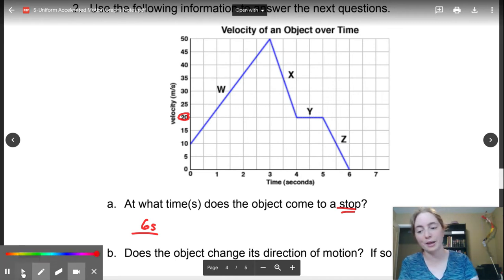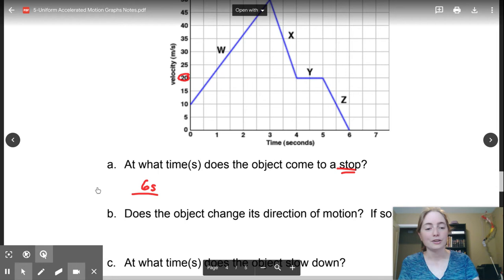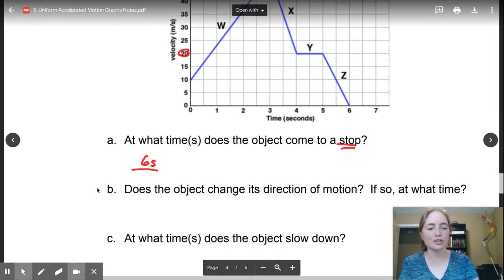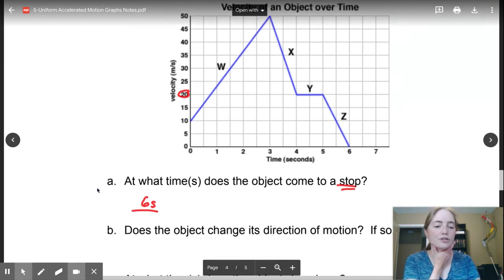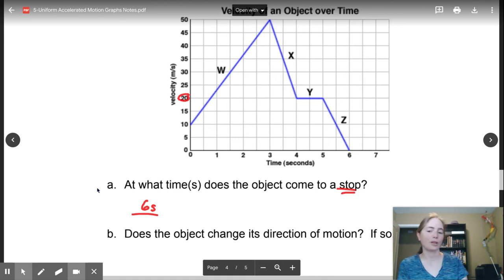All right. So does the object change in its direction of motion, and if so, at what time? Well, remember, think back to our previous video. When changing direction happens on a velocity time graph, when does that happen? When you cross that x-axis.